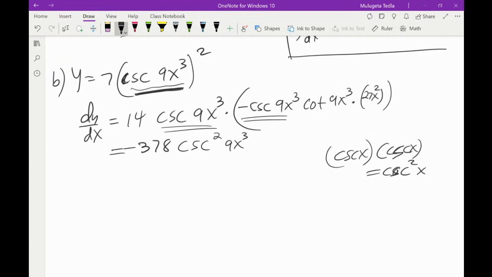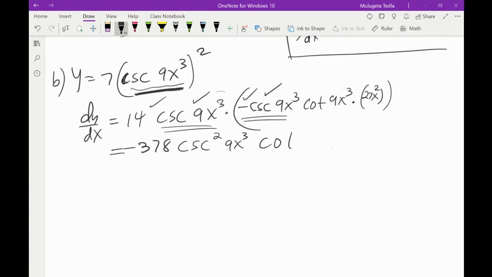Cosecant of an angle times cosecant of the same angle is cosecant squared of the angle. So what's left? The negative is taken care of. Cotangent 9x cubed, and oh, there is x squared. I will put it in front.